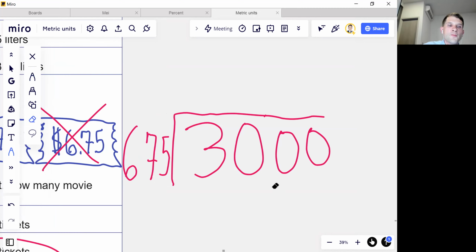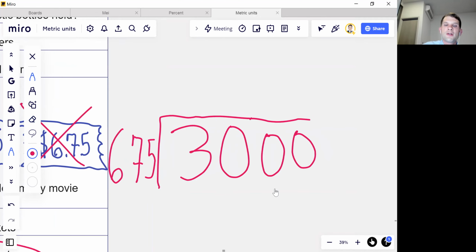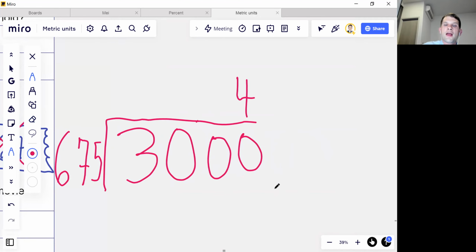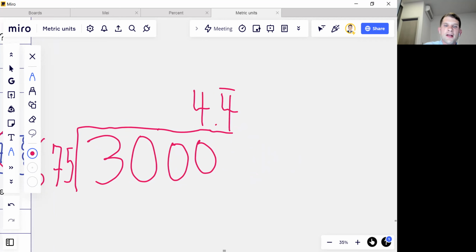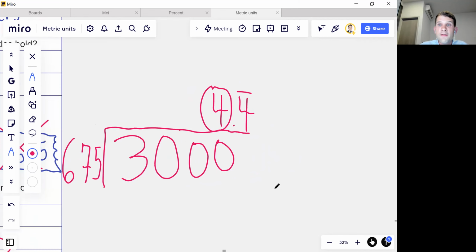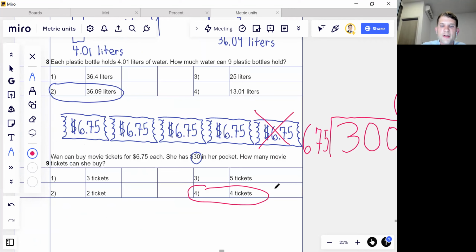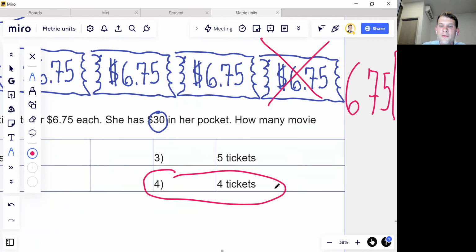And if we divided this out, we would get something like 4 and 4 repeating 4, okay? But that's not necessary to really divide further than that. We know that if we can afford 4 tickets, we can't afford a fifth. So this is option 4, obviously. So just 4 tickets there for this one.